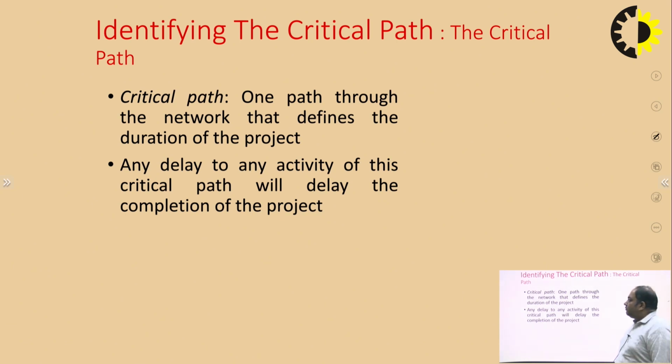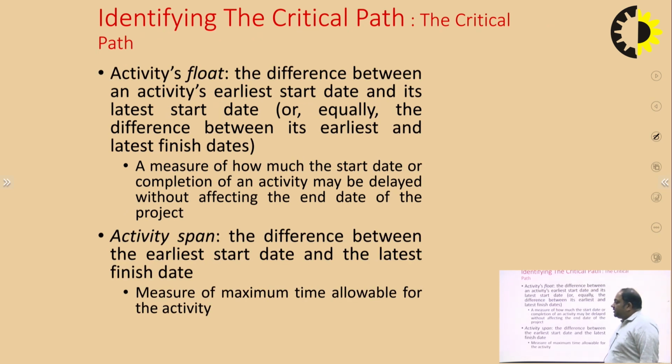but before span, we have to find out the critical path, the one path through the network that defines the duration of the project. And after that we have to find the float and the span. The float is the difference between the activity's earliest start date and its latest start date, and span is the difference between the earliest start date and latest finish date.